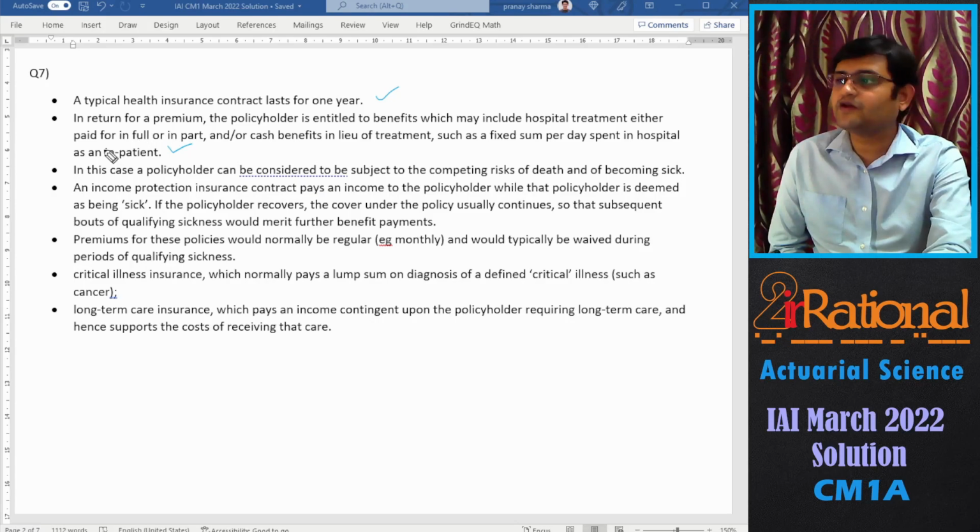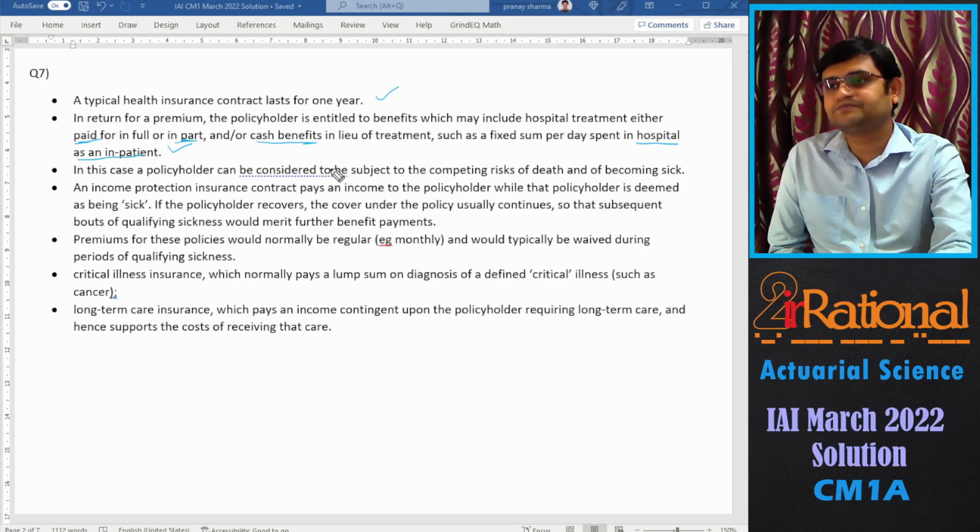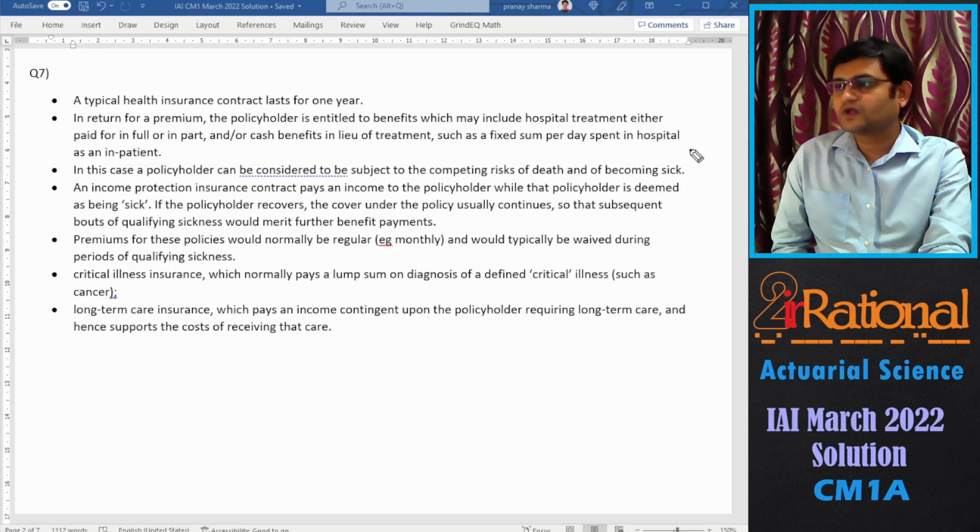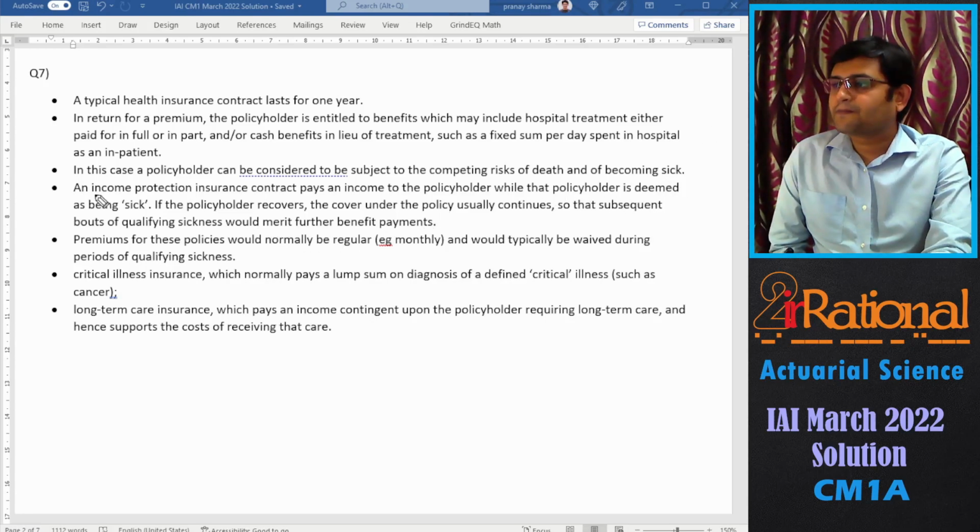So the benefit can be paid as the hospital treatment bill paid in full or in part, or maybe as a cash benefit given each day, each month, whatever, when the person is in hospital. In this case, a policyholder can be considered to be subject to the competing risks of death and of becoming sick. So that was about health insurance.